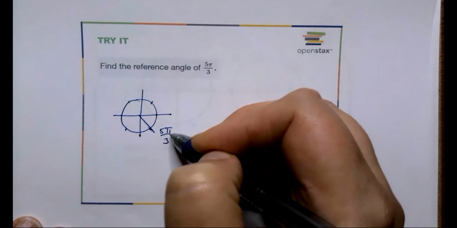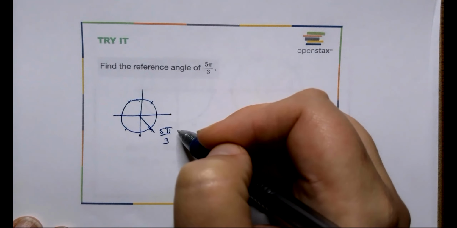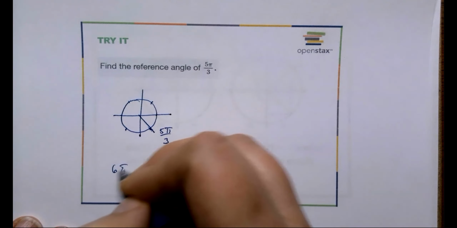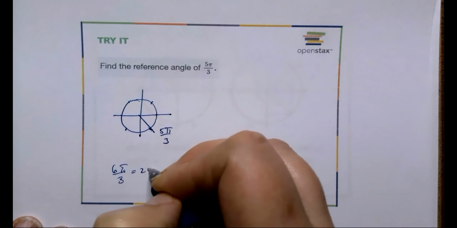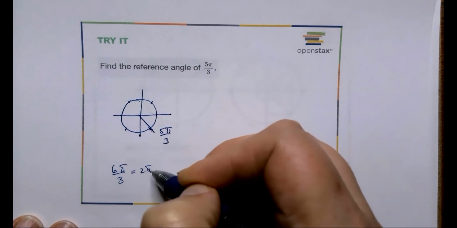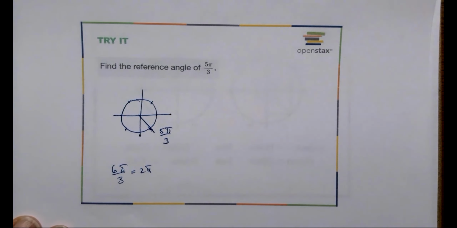It's pi over 3 shy of 2 pi. So if you had 6 pi over 3, that's 2 pi. Now you have 5 pi over 3, so it's 2 pi minus pi over 3. Okay, so go ahead and finish it. And we're going to move on.